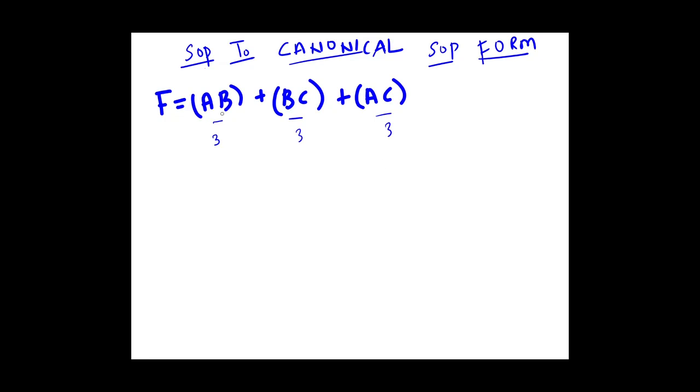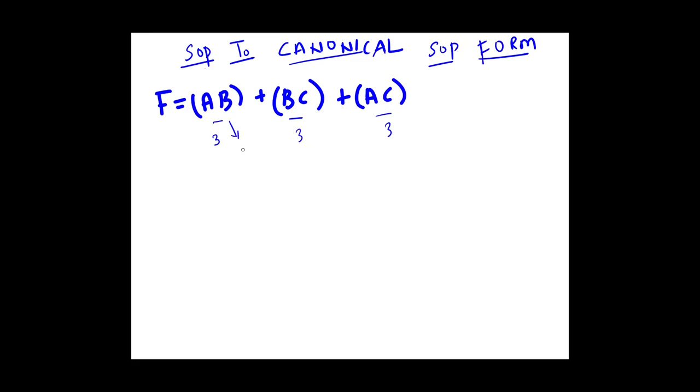But in this expression, which is in SOP form, I have C missing over here. Then here there is no A. Here I don't have B. So there are some literals missing in these terms. So to convert that, here there is C missing.